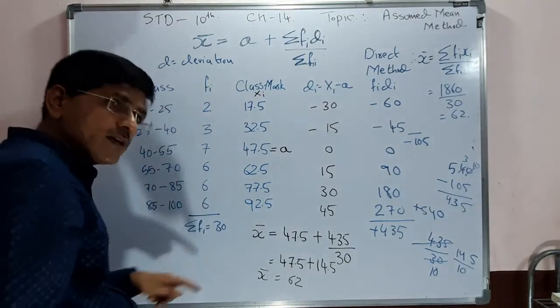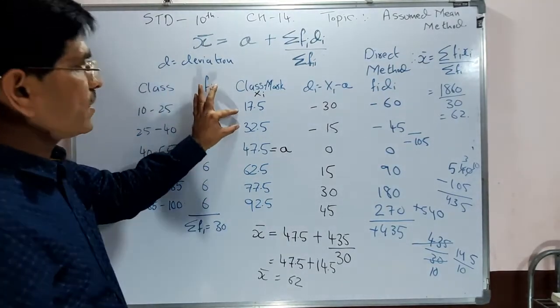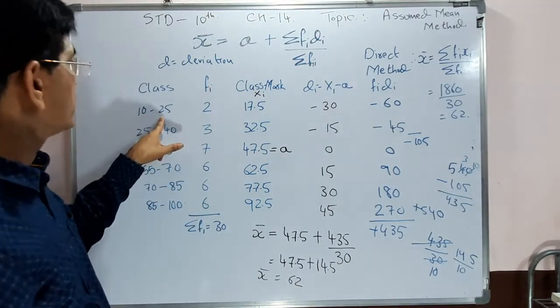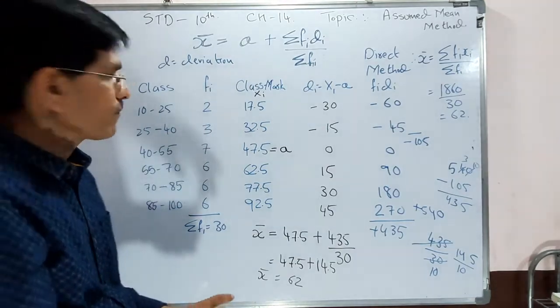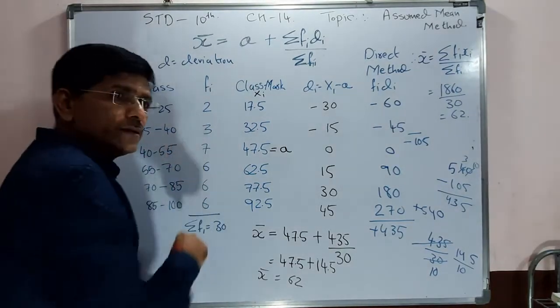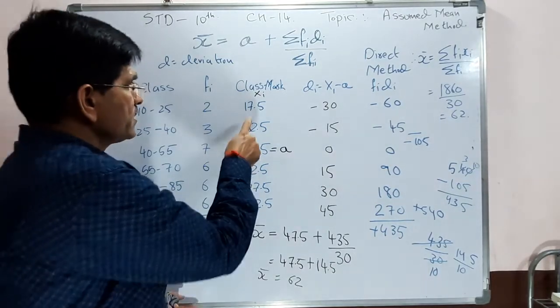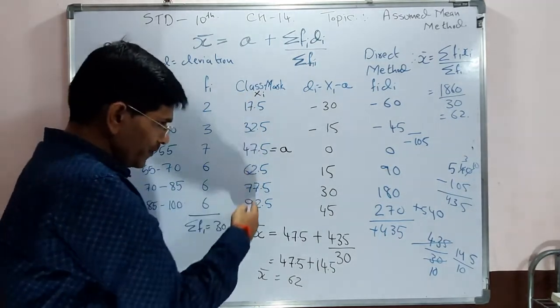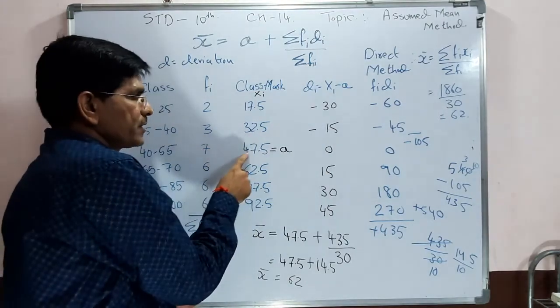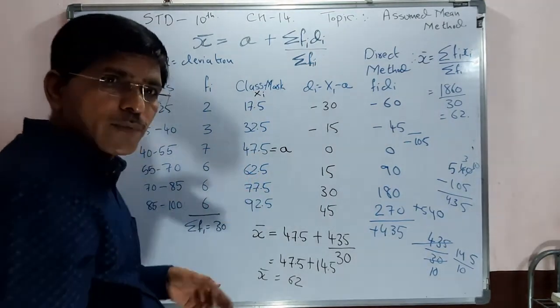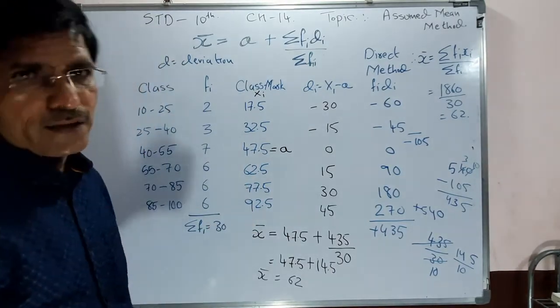But don't go further, because we already know the difference. 10 plus 25 is 35, divided by 2, 17.5. 25 plus 40 is 65, divided by 2, 32.5. Now the difference is 15, so go through 15, 15, 15. So 47.5, again 15, 62.5, again 15, 77.5, again 15, 92.5.